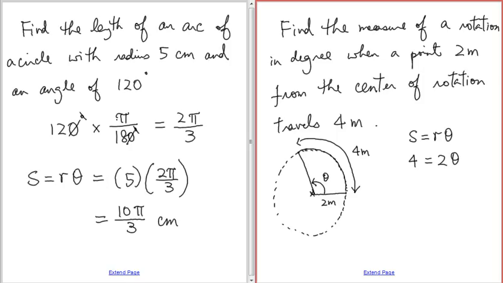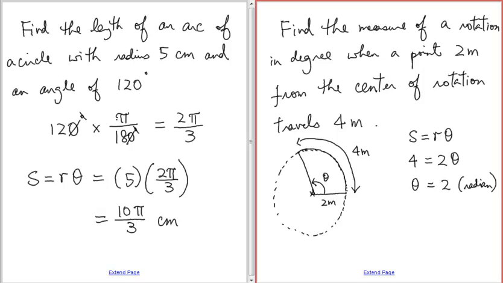We divide both sides by 2. So we have theta equals 2. So does it mean that we have 2 degrees? What is the unit here? 2 radian, right? Because the theta in this case is always in radian.